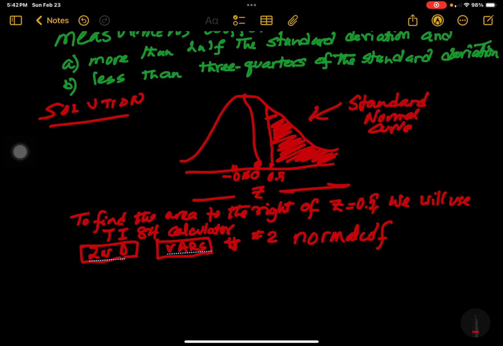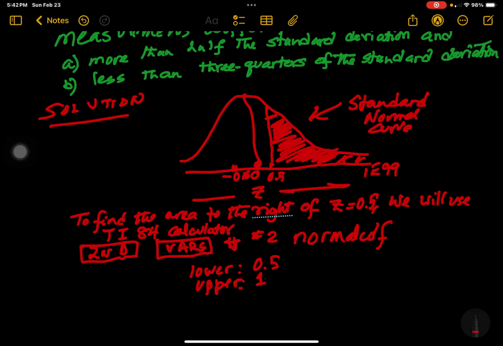Notice in this case, the lower boundary is not minus 1E99 as shown in the calculator. The calculations go from left to right, so here the lower is 0.5. And what is the upper? Upper is a very large number on the right, 1E99.